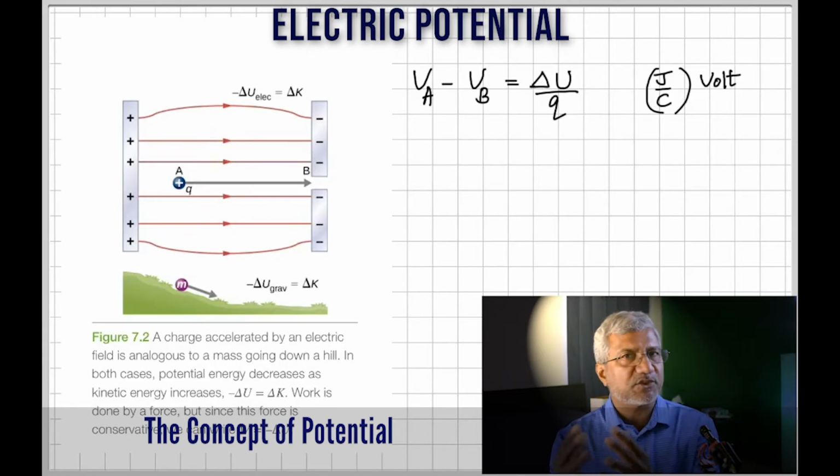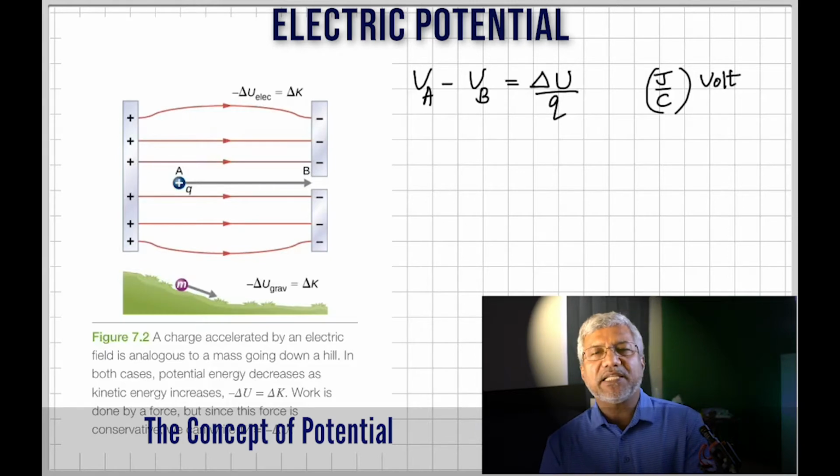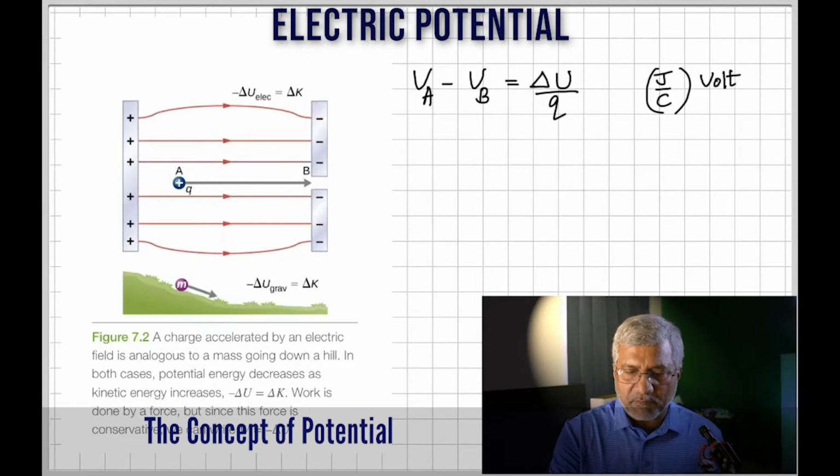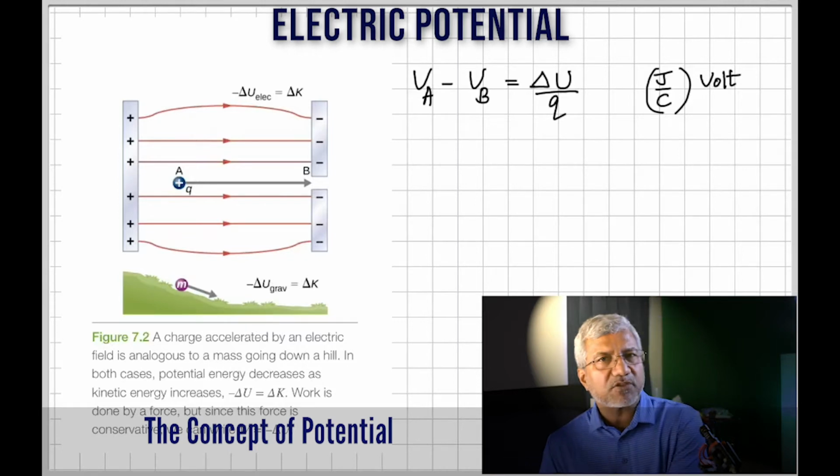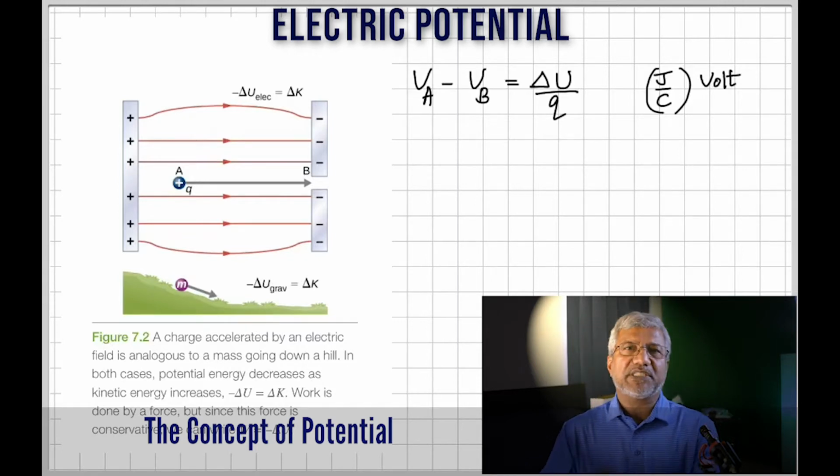And that's where it likes to be. That is the lowest potential energy position. That's like comparing a mass on the ground. A mass on the ground likes to be there because that's the point of lowest gravitational potential energy. And if you have to lift the mass, we have to do work against the gravitational force.